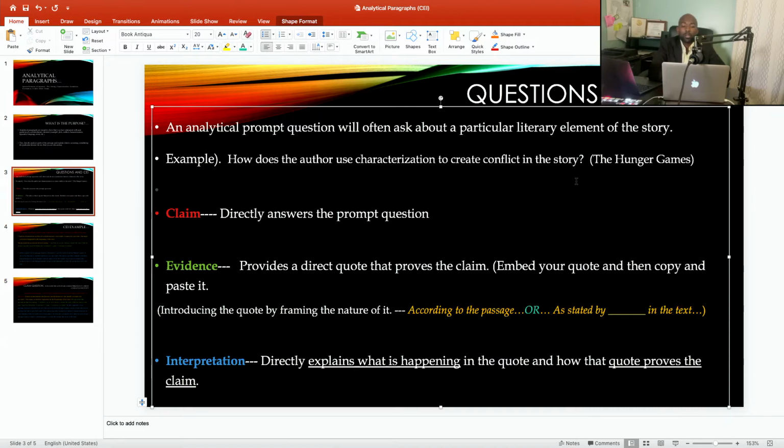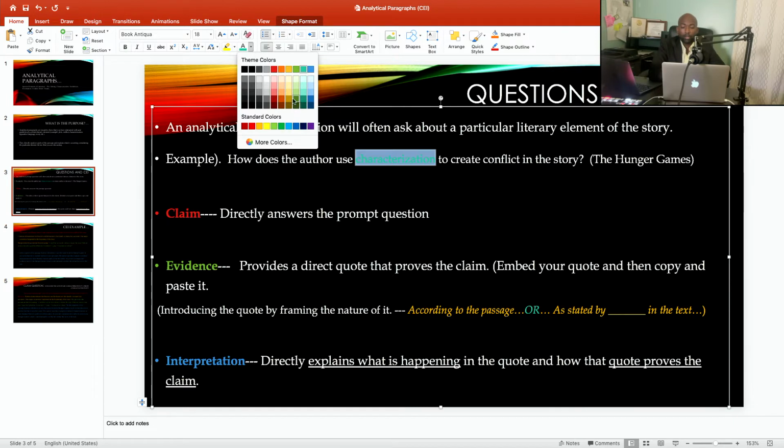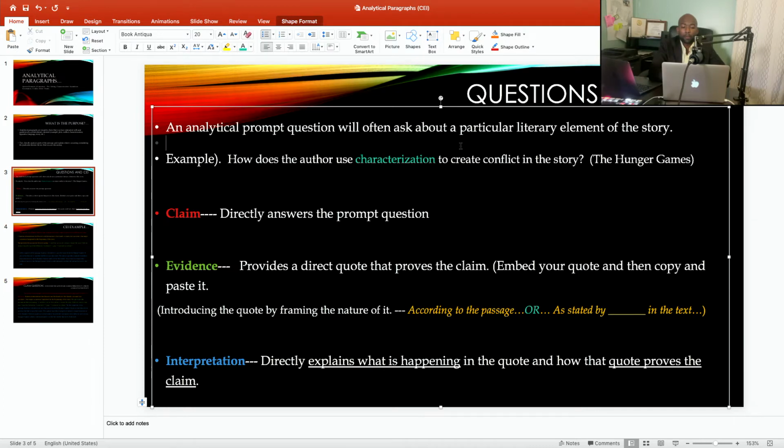So we see actually this question is asking about two literary elements. Characterization is one, and characterization just means the narrator's attempt to describe what a character is like. Okay, so that's what characterization is. That's one. How it's used to create conflict, and conflict is another one.